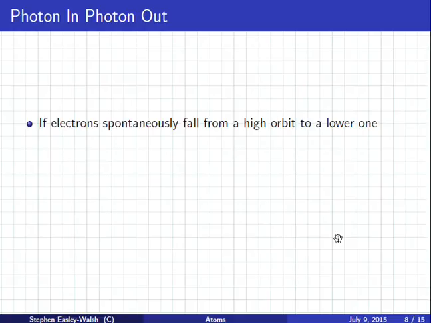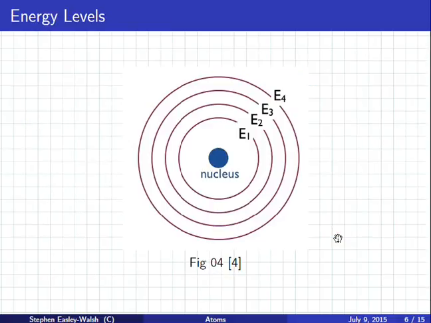So if electrons fall from a high orbit to a lower orbit, well, let's go back to this one here. If I go from E2 to E1, do I gain or lose energy? Lose energy. So if I must keep the energy balanced, then a photon is made to keep the energy balanced.